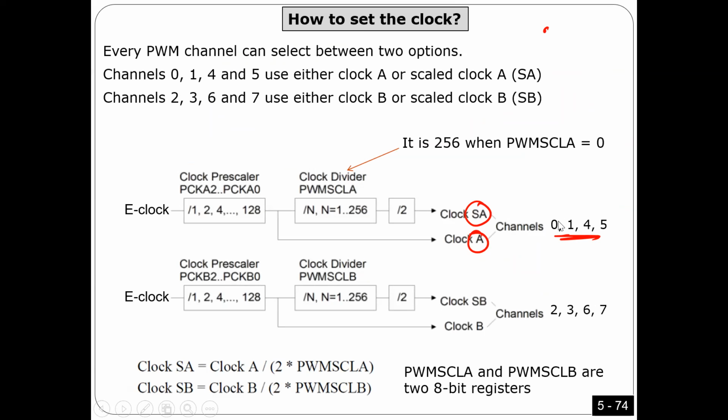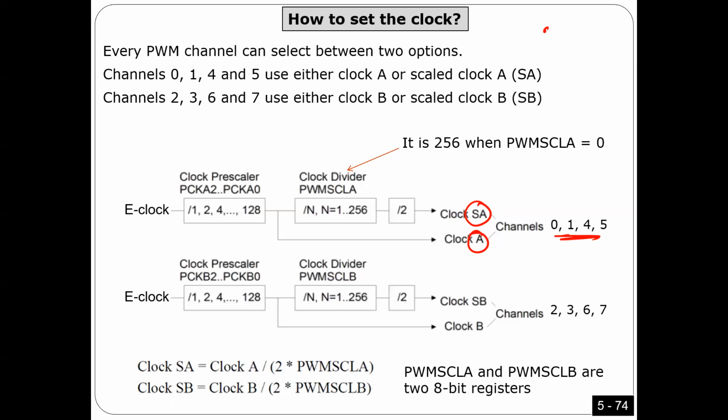Every channel you can select whether you want clock A or scaled A. For 2, 3, 6, 7, it's the same. For each channel you can select whether you want to use this one or this one. So every channel has 2 sources, and you can select which you need. Is that okay? How can you get these 2 sources? You will see right now.